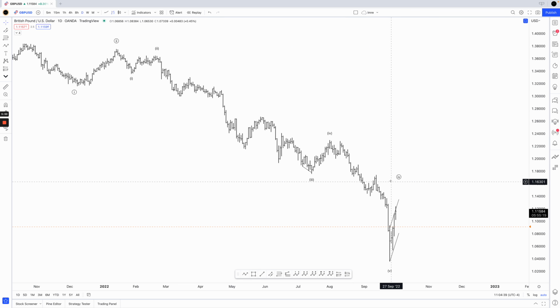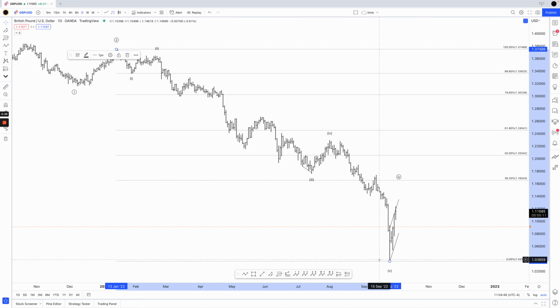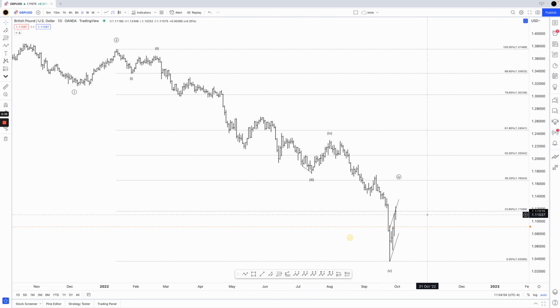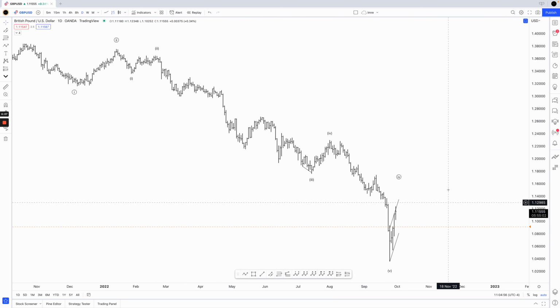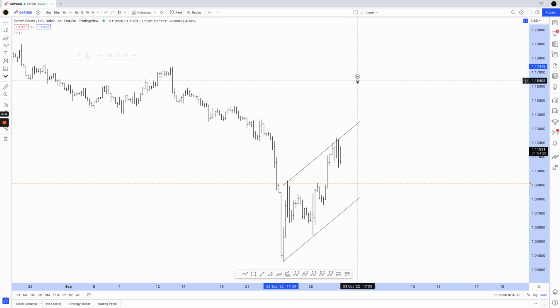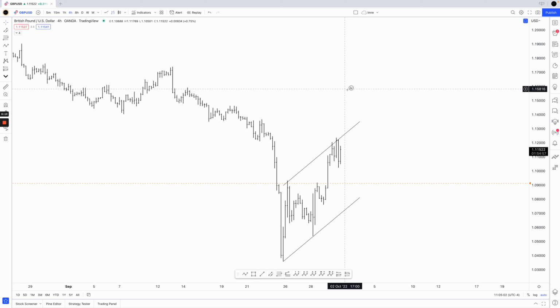There's no rule that says we need to meet a 38.2% retracement for wave 4. I'm just saying that's the most common relationship. I can also put up a 23.6% Fibonacci retracement level, and you can see that we've actually met that objective. So that would be another objective for a shallow corrective wave 4.